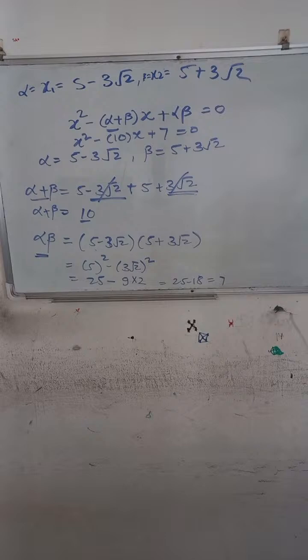Write down the next question. If the zeros of the polynomial x square plus 4x plus 2a are alpha and 2 by alpha, that is, 2 divided by alpha, then find the value of a.